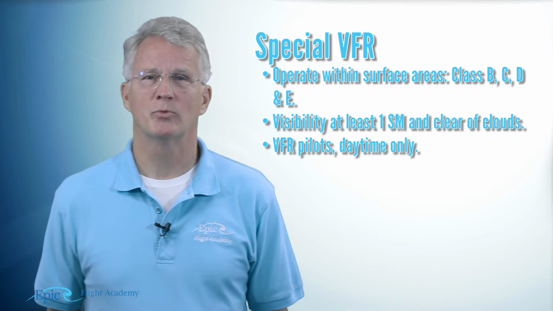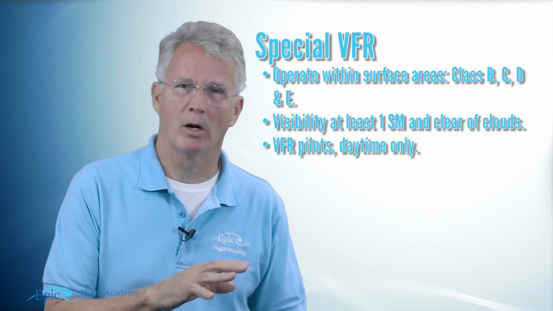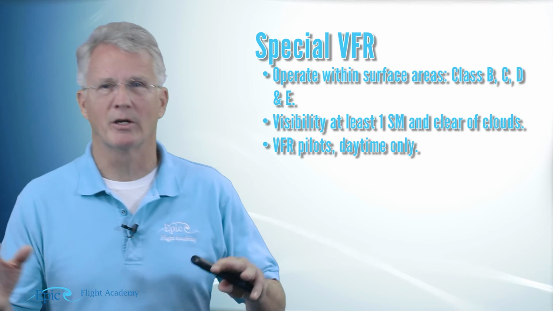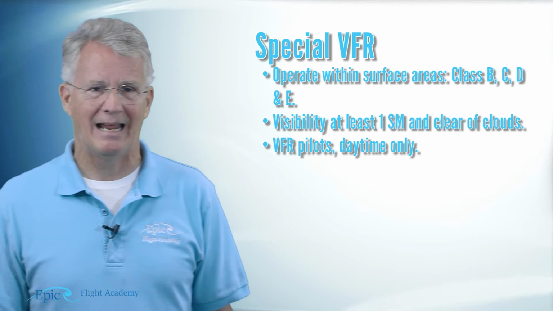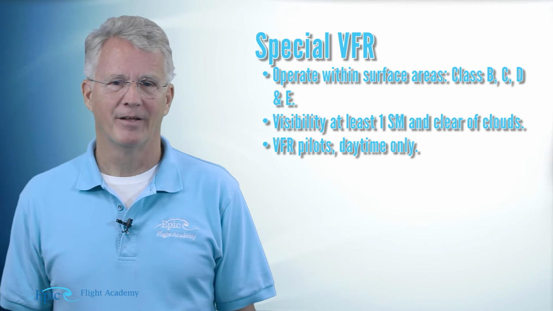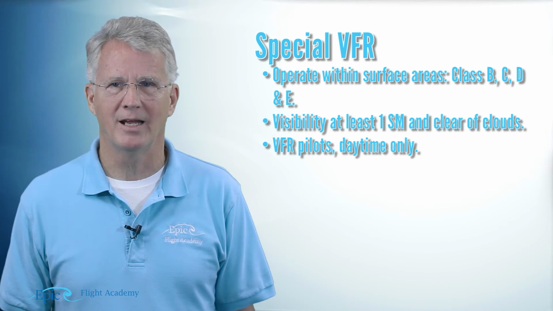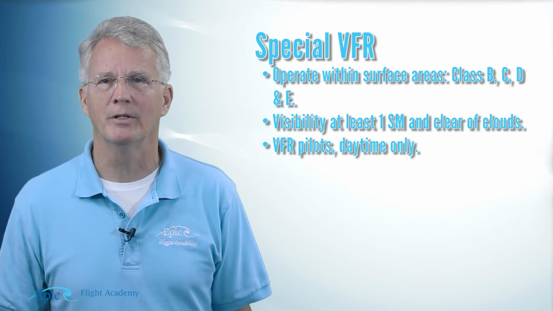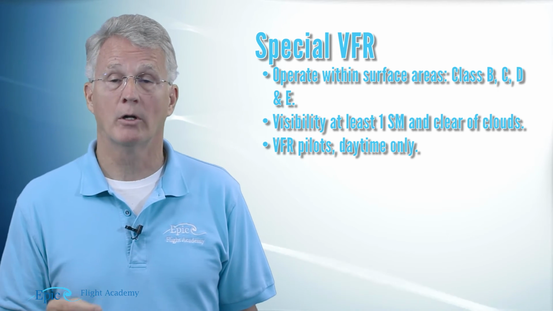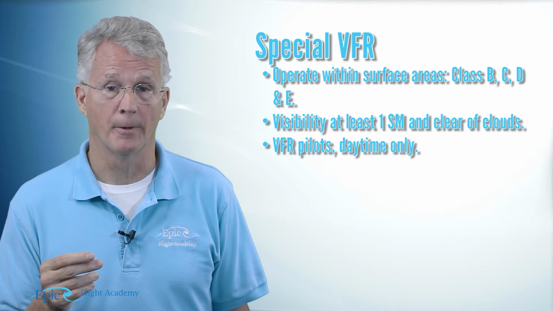So sometimes we might be in what we call marginal VFR, and we start to get kind of in between, and if I can maintain myself clear of the clouds with 1 mile of visibility, I can request what's called a special VFR.